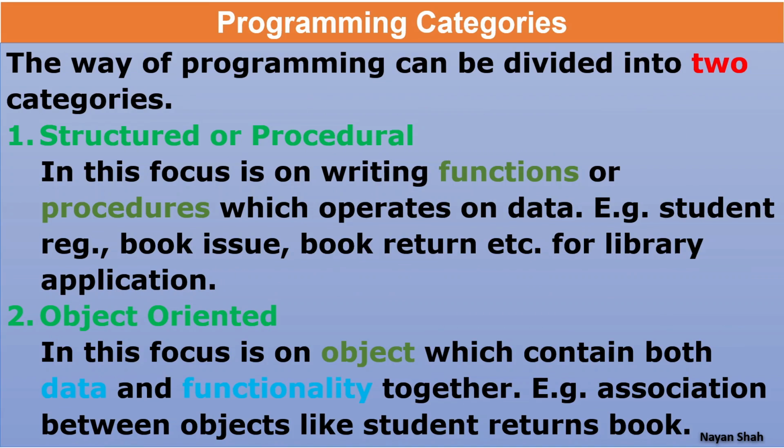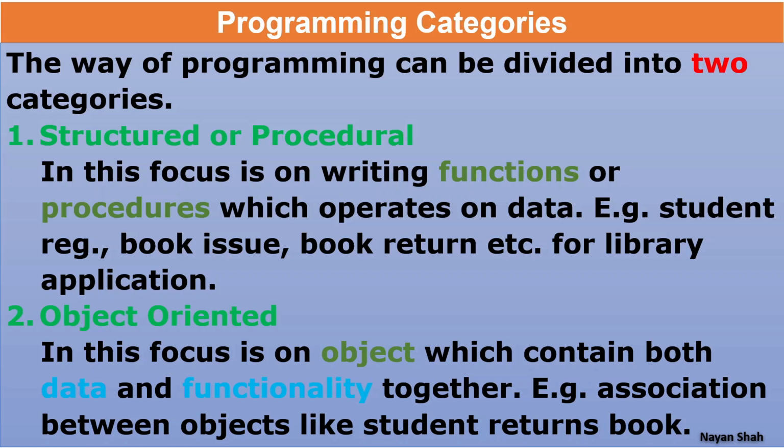Now, programming categories. Basically, programming is divided into two categories. One category is structured programming, also known as procedural programming, and the second category is object-oriented. In structured programming, the focus is on writing functions or procedures, both are the same, which operate on data.